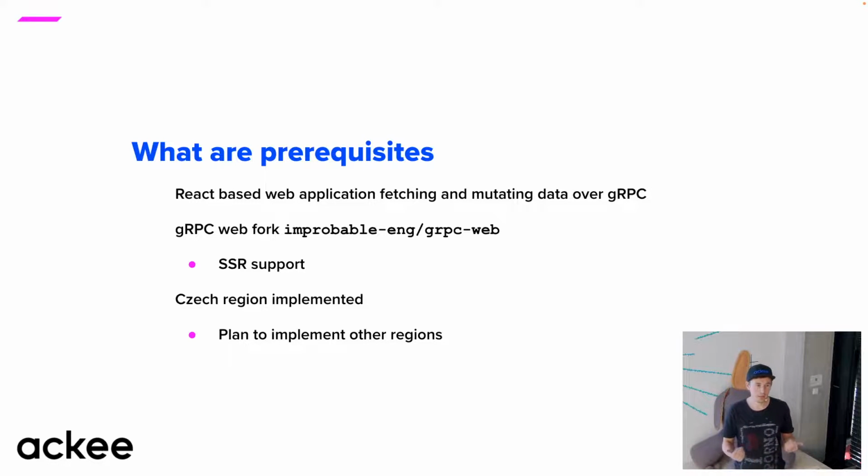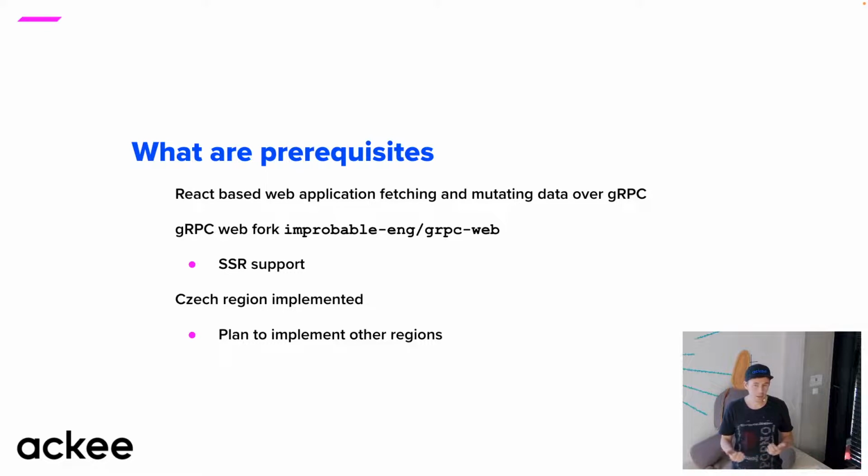Improbable is some company. I honestly don't know what they do, but they use gRPC a lot, so they made their own fork. The reason they made it is because they need some important features that are not part of the original gRPC web. For example, support of gRPC at the server-side rendering part.